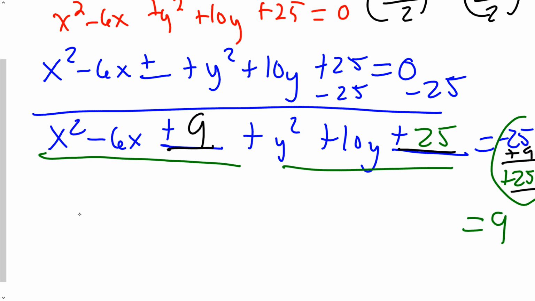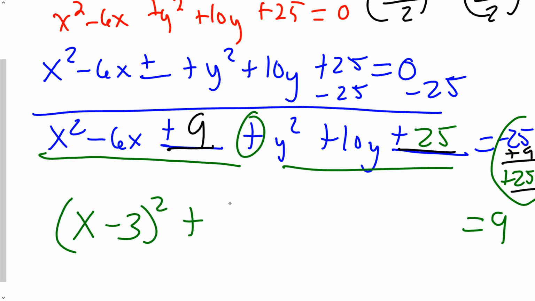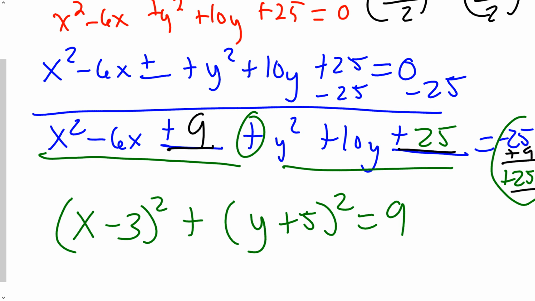It's going to factor to x minus my b over 2, which was 3, quantity squared, and then I'm adding the factored y squared, which is going to be y plus my b over 2 from this quadratic, which was 10 over 2, which is 5, so plus 5 quantity squared equals 9. And now it's in center radius form. So you wrote it in center radius form, and we're all done.